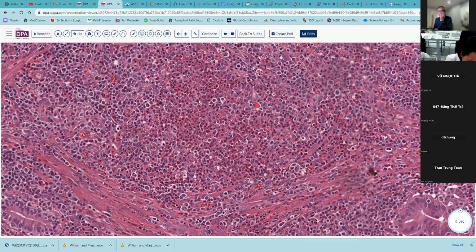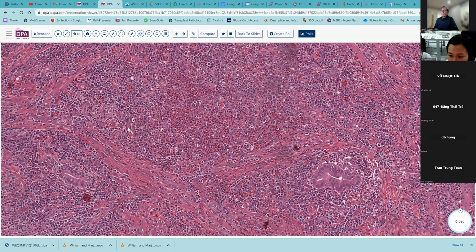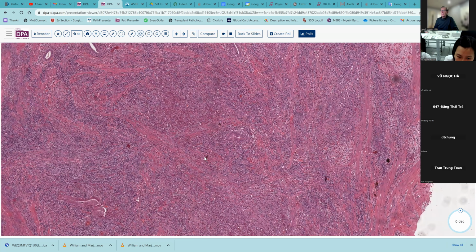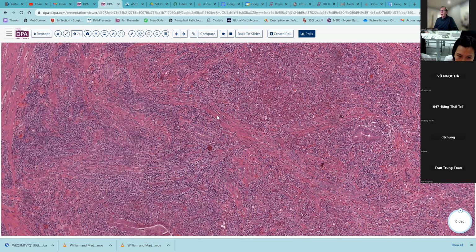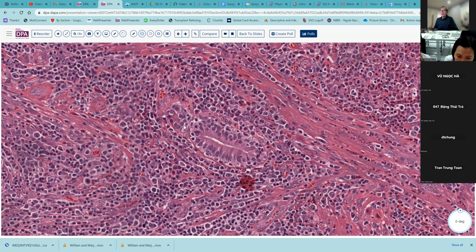And eosinophils seem to be a common feature in many inflammatory gallbladder lesions, perhaps due to the pseudoallergic nature of the bile. But you could see if you just had a small biopsy of this, boy, it would be hard to tell if this gland is benign or malignant because it's scattered around with so much inflammation around it.